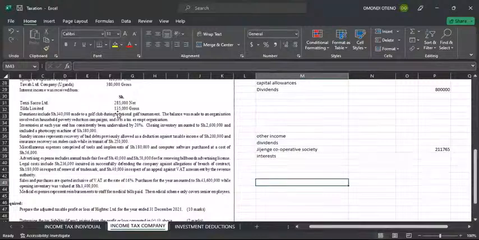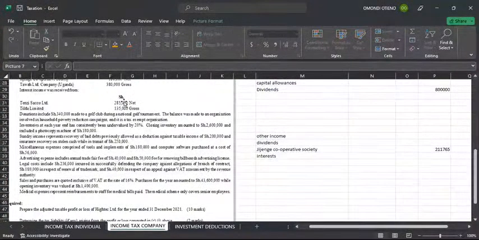Whatever is given here is net. It means they have deducted the 15%. So we have to add back the missing 15%.